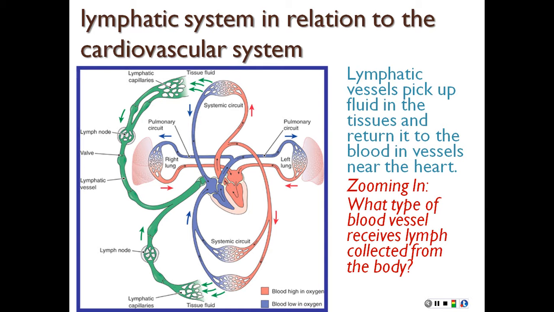One other thing about this is, as the fluid goes through the lymphatic vessels, those vessels go through lymph nodes. The lymph nodes are found in different areas of the body.